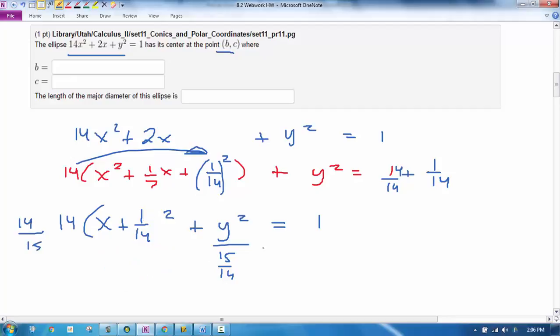So I'll try to simplify this a little bit if I can. Or I guess better yet, let me back up here. I'll move this 14 to the bottom. Instead of multiply by 14, I'll divide by 1 over 14. So then I could make this 14 squared in the bottom.